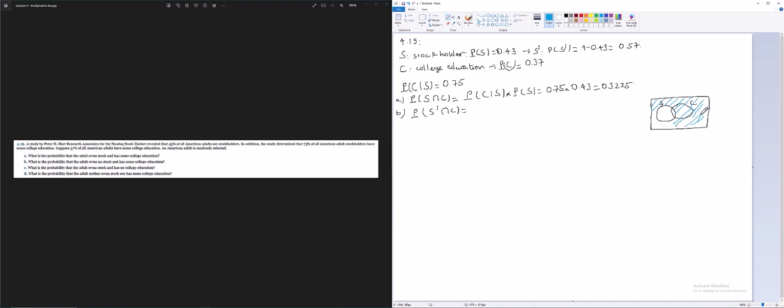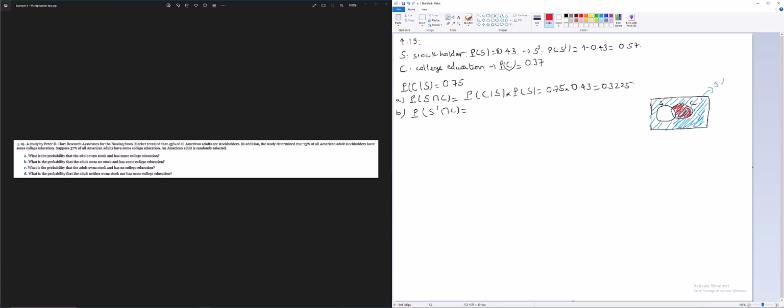Now S prime intersect C is where the blue part intersects with C, and that would be the red part.